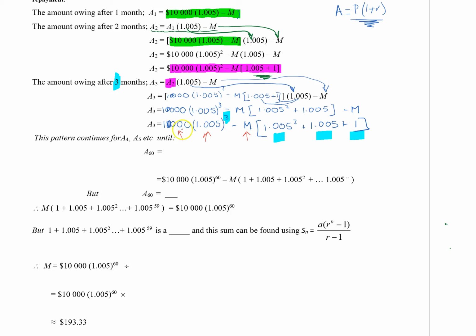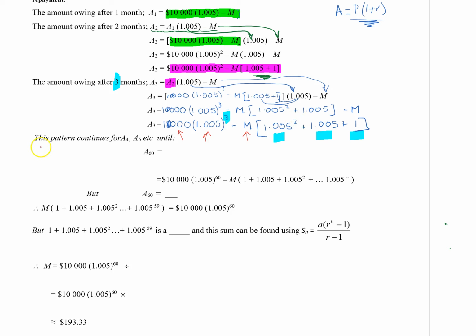After 3 months, it's 10,000 times 1 plus r to the 3 minus some payment. 3 terms of a GP in the form of 1 plus 1.005 plus 1.005 squared. So while there are 3 terms, this is really your n minus 1.